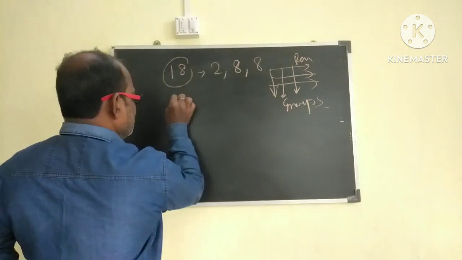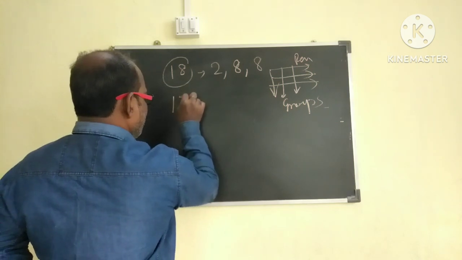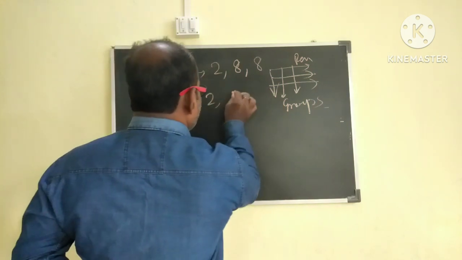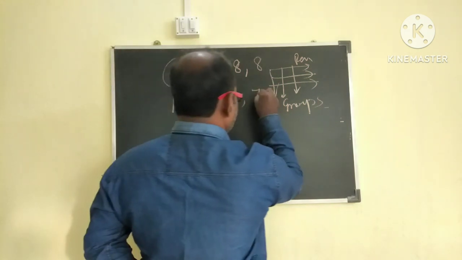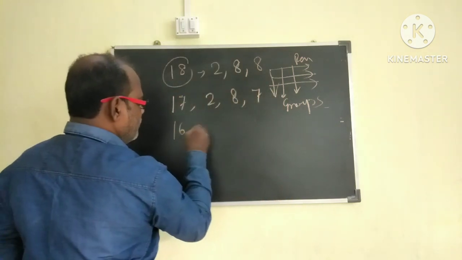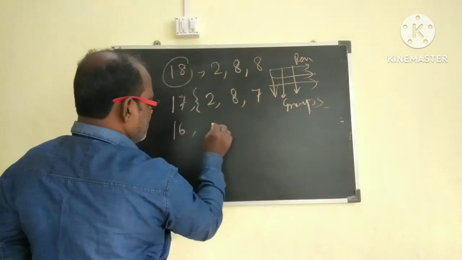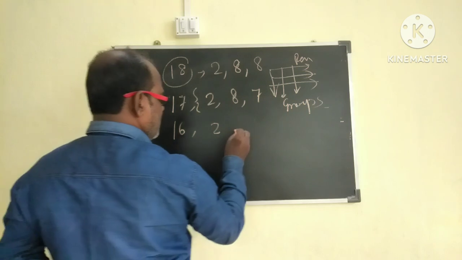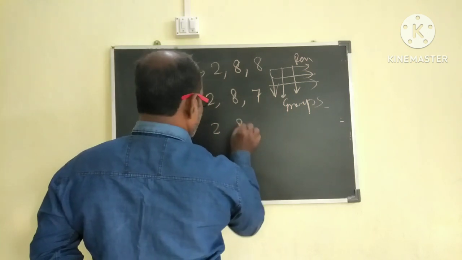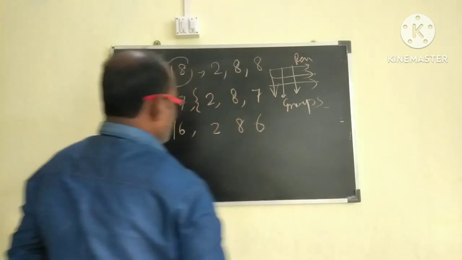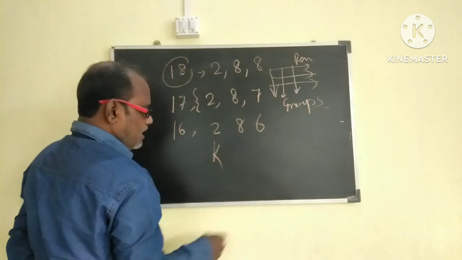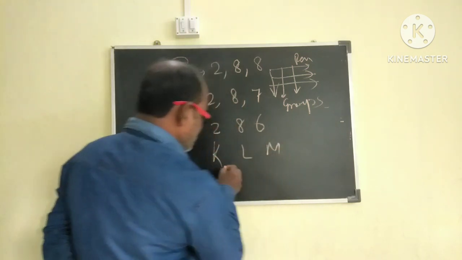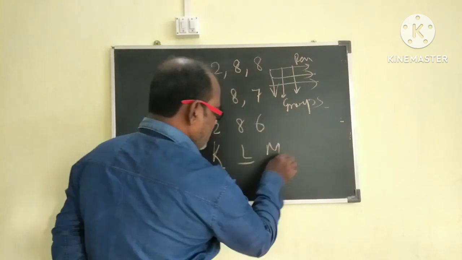Next let us consider 17, it is 2, 8, 7. 16 we consider as 2, 8, 6. So K, L, M. This is the K shell, L shell, M shell.